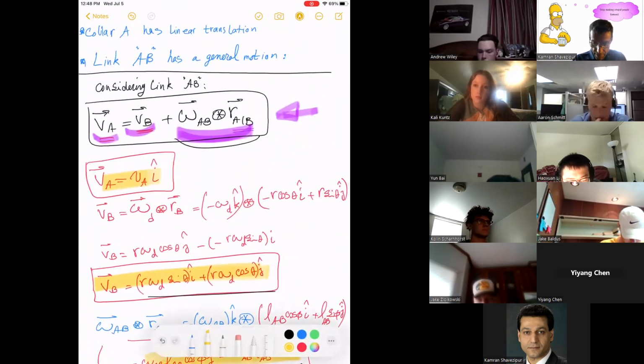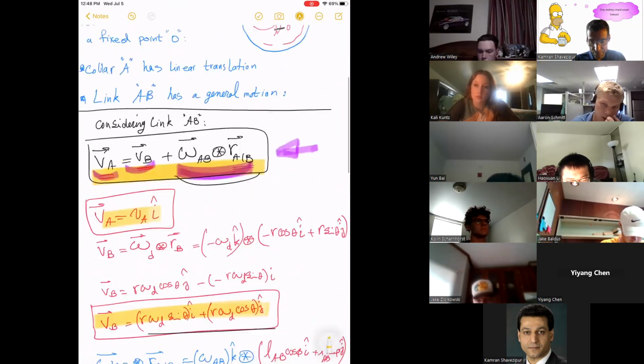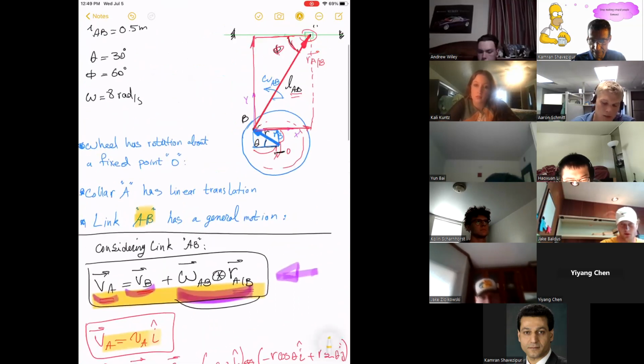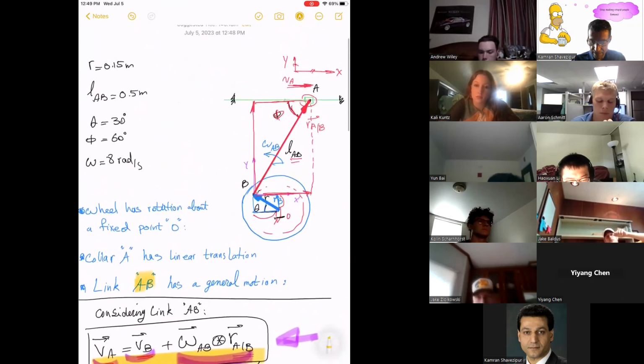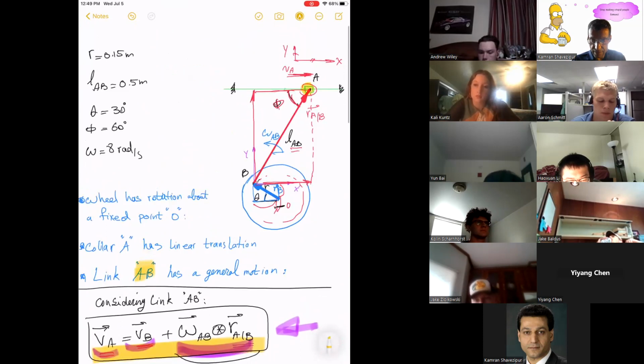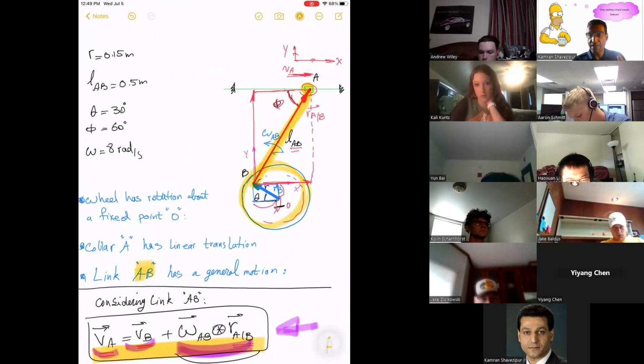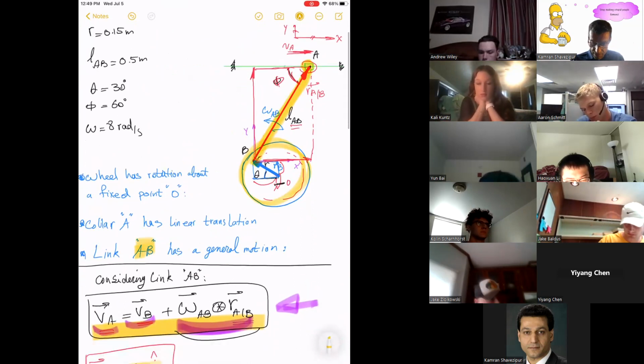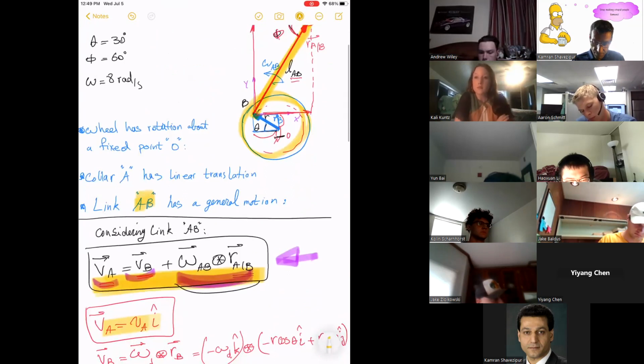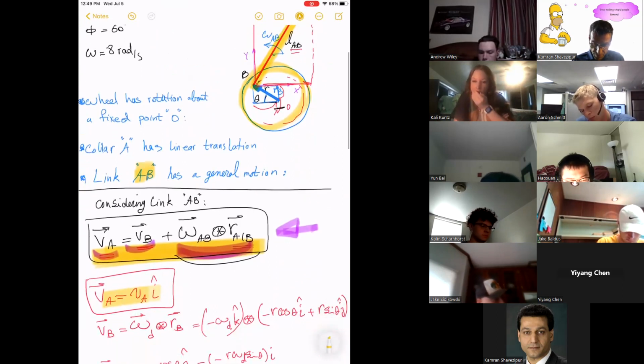I wrote my equation. It's important to find which links to choose, and considering this is the output, this is the input, it's quite clear you have to go with link AB because that's the only link or rigid body with general motion. So you set up your equation, then you go find vectors one by one.